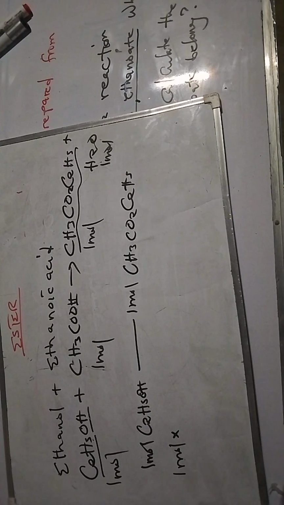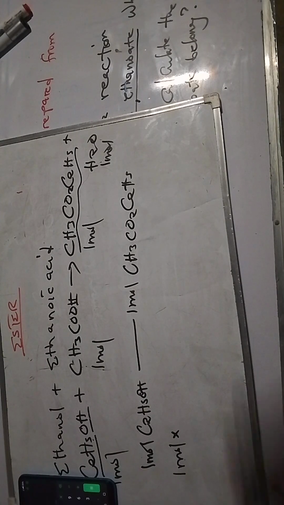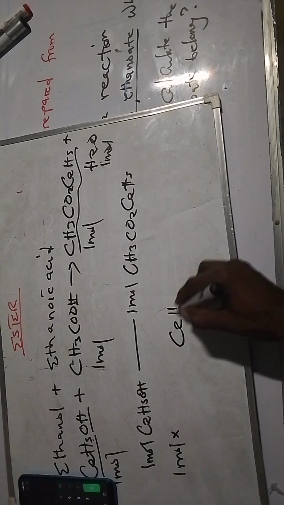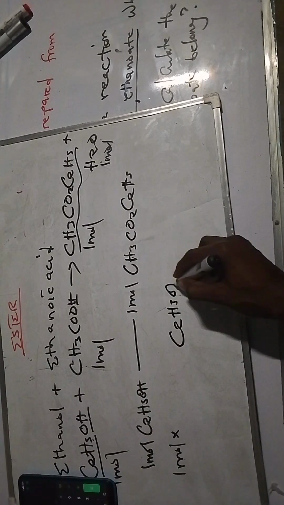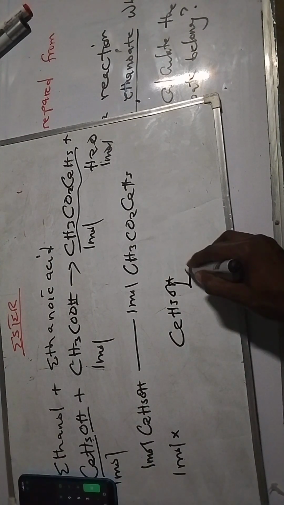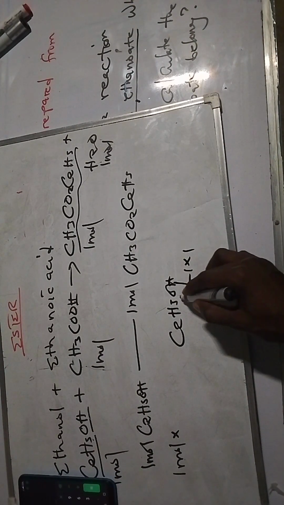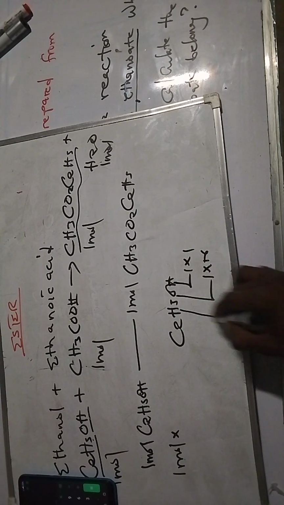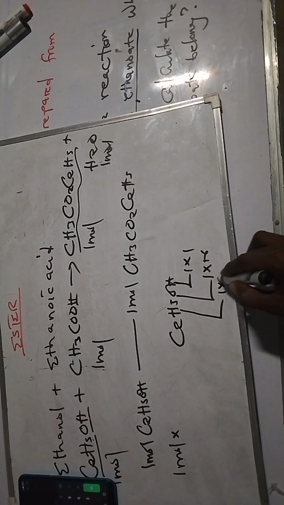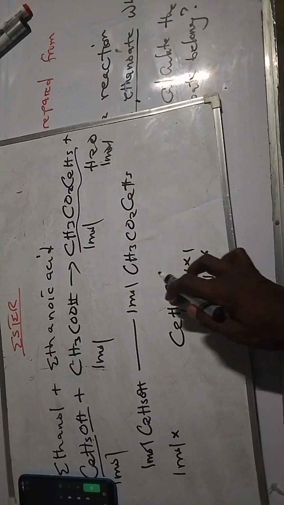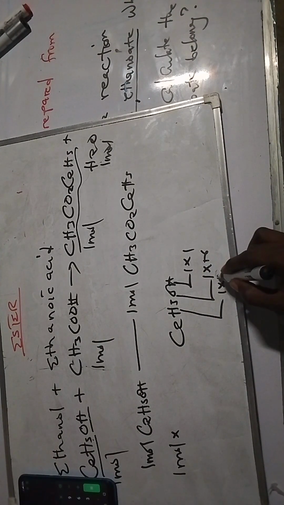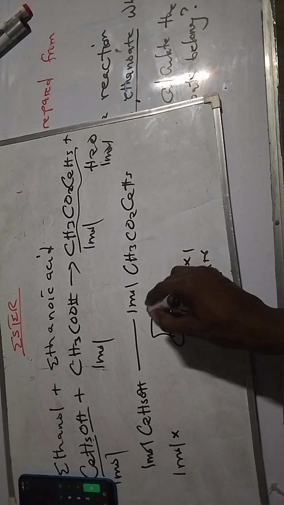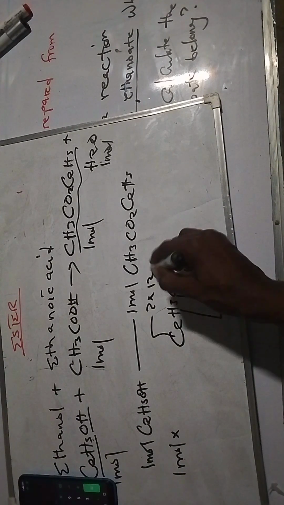So what I mean is this. I have C2H5OH. So hydrogen is 1 times 1, then oxygen here is 1 times mass number 16, then hydrogen, I have 1 times 3 here, not 3, it's 5 there, then carbon I have 2 times 12.